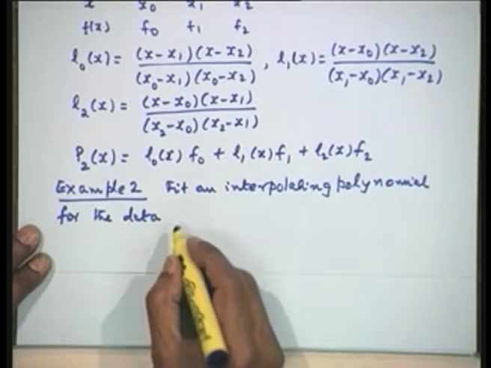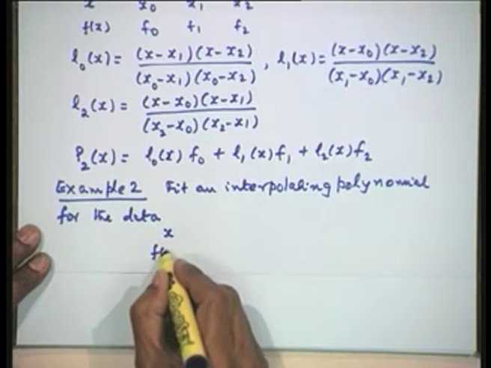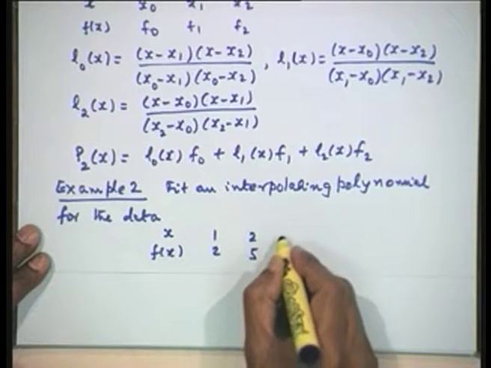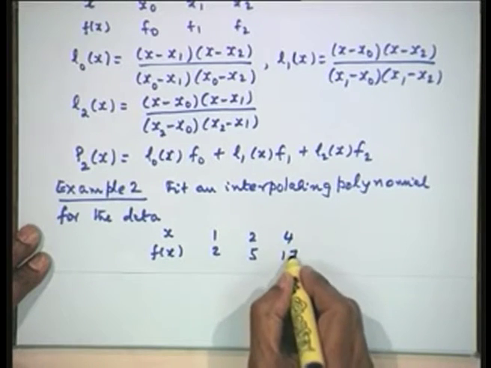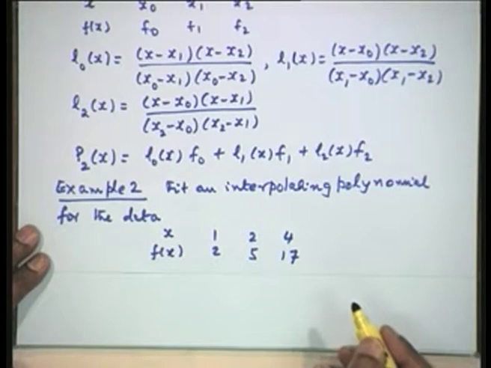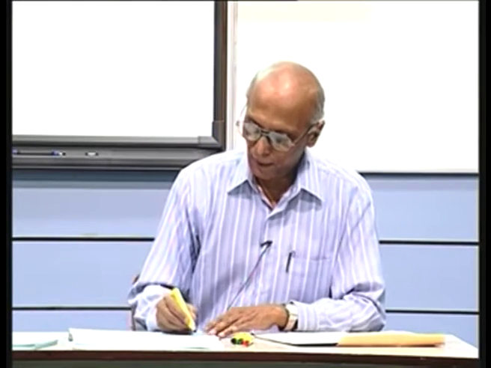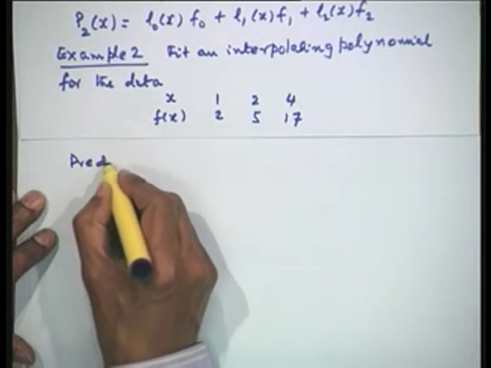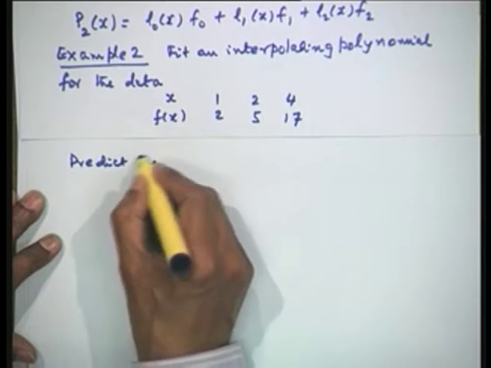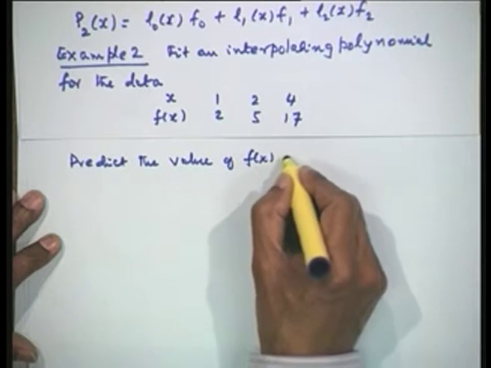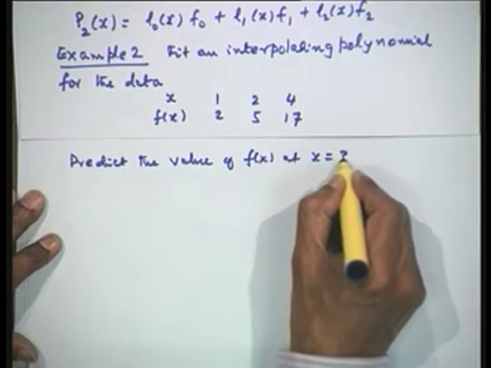So, let us give this data as x, f(x). I will take it as 1, 2; 2, 5; 4, 17. Then we will say predict the value of f(x) at x is equal to 3.